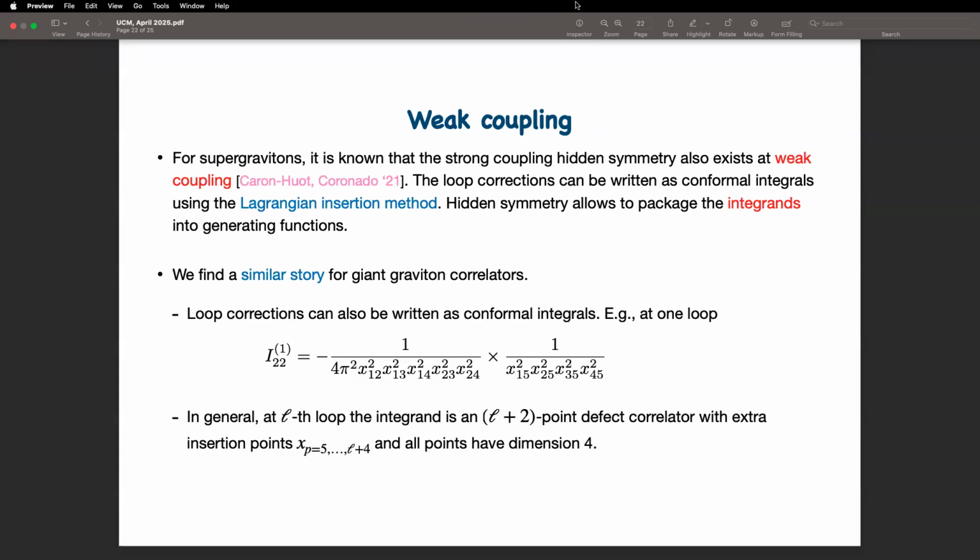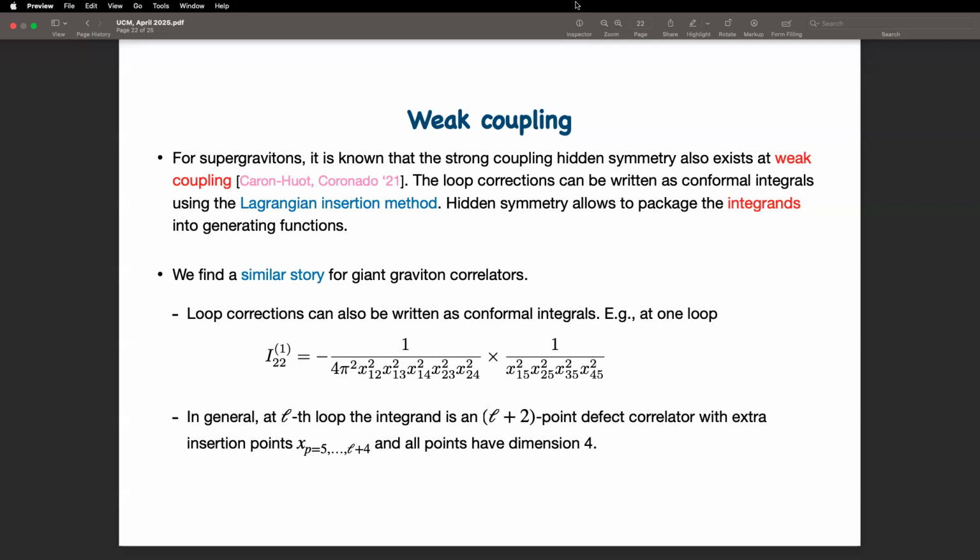The reason that it's not that surprising is because for the four supergraviton case, Simon and Frank observed that the same replacement also takes place in the weak coupling region, but in a slightly different way.